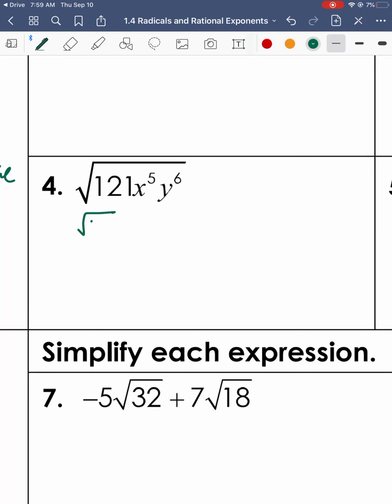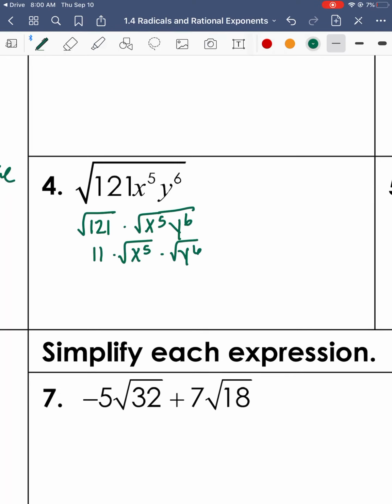So first, let's separate it by square root of 121 times the square root of x to the 5th, y to the 6th. Okay, the square root of 121 can be written as 11 times the square root of x to the 5th times the square root of y to the 6th.